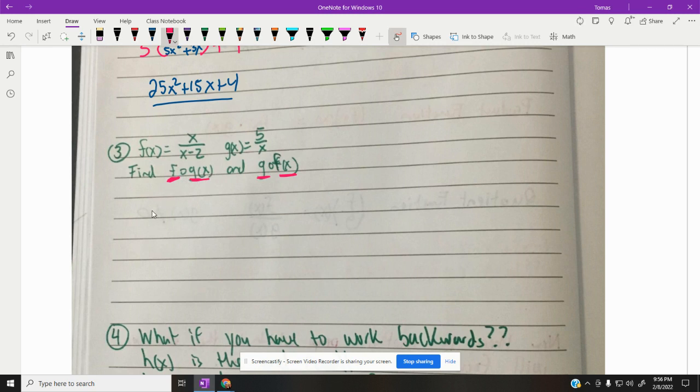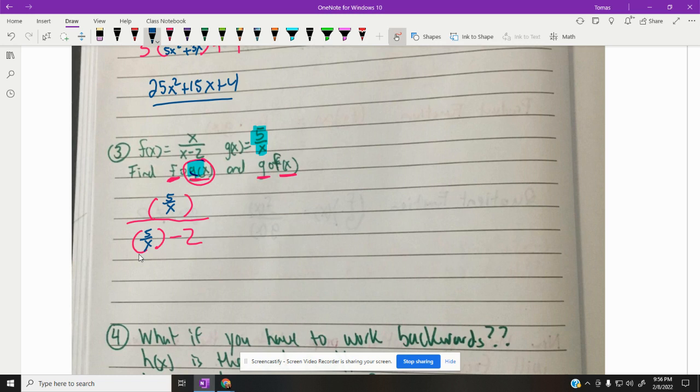So f first. So I'm gonna put parentheses divided by parentheses minus 2. And what's my second letter? Is my g. So my g is what goes inside. So I'm gonna put 5 over x and 5 over x. Okay.